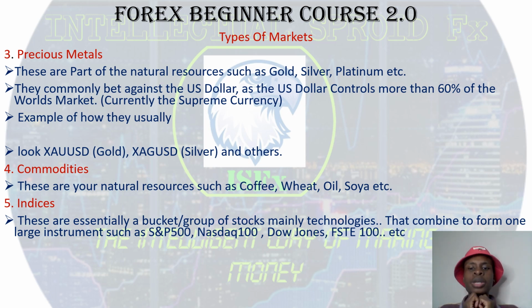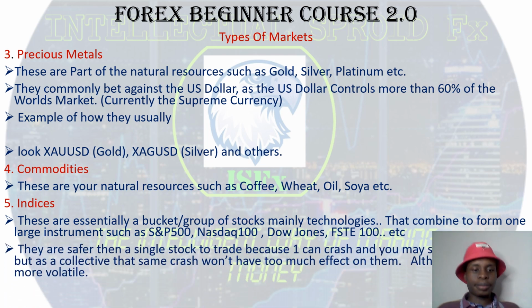So here is where you find your Apple, Microsoft, Amazon combined together to form one particular instrument. There are many companies inside, of course, not just one, two, three. This is your S&P 500, your Nasdaq 100, your Dow Jones, your FTSE 100, and then they are safer.